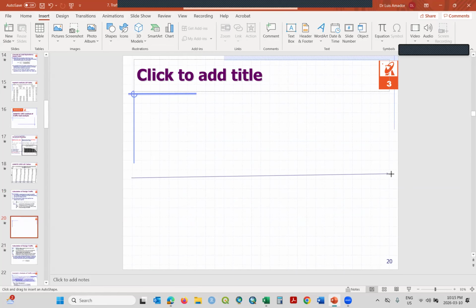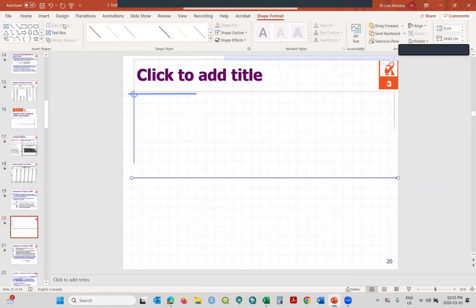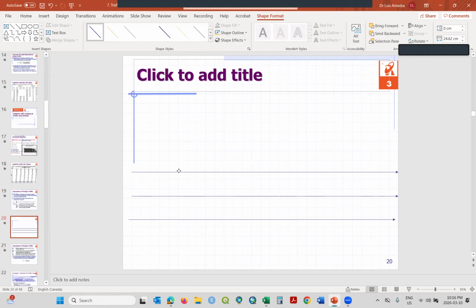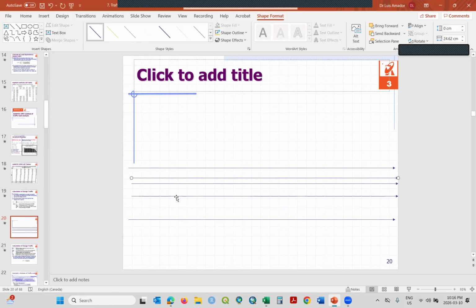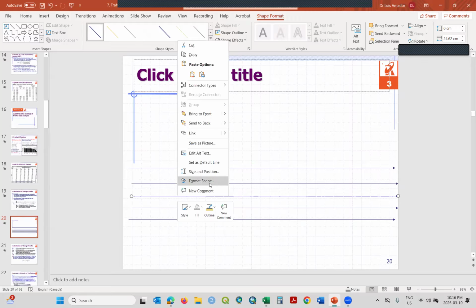So let's imagine I have a road with 2 lanes per direction.